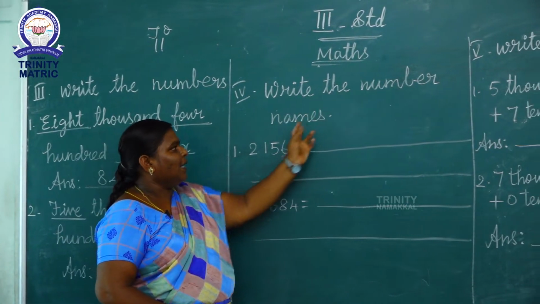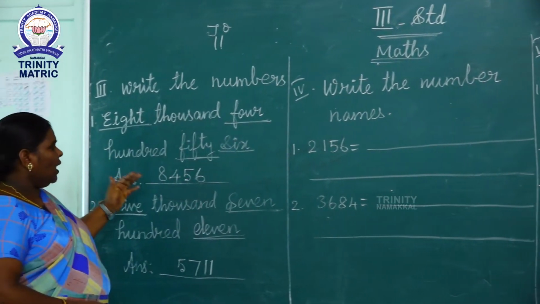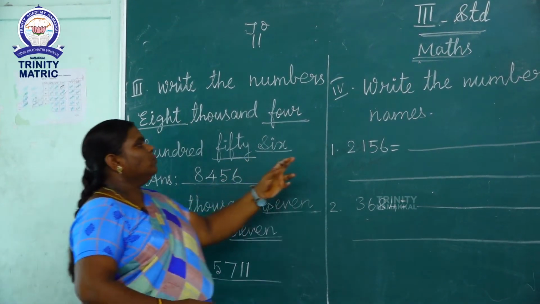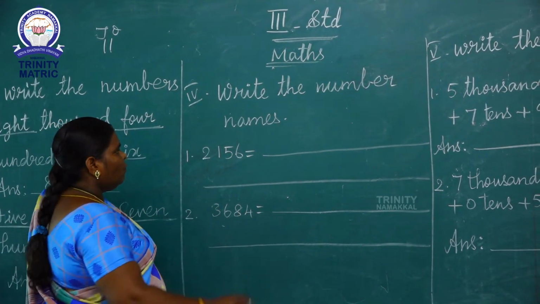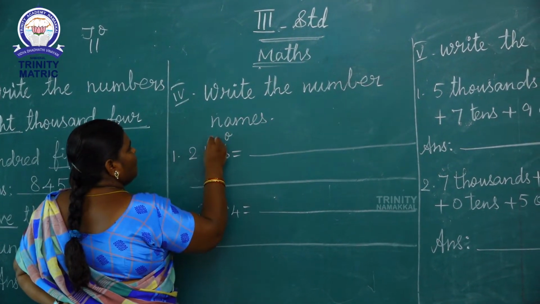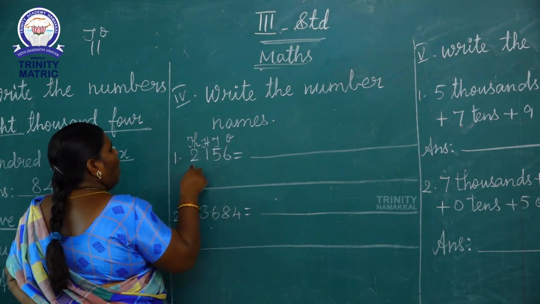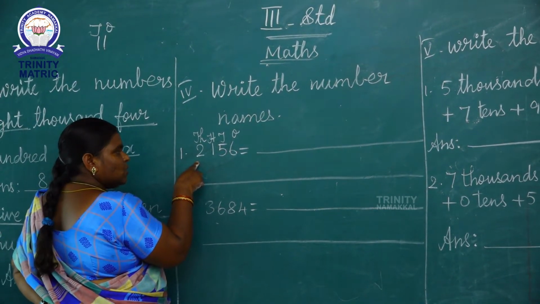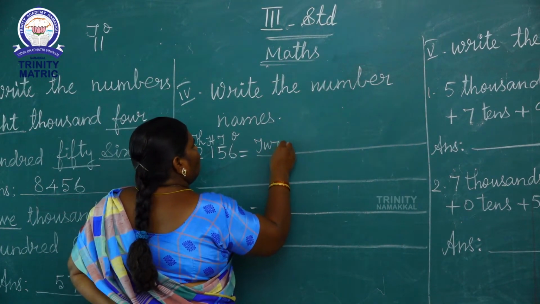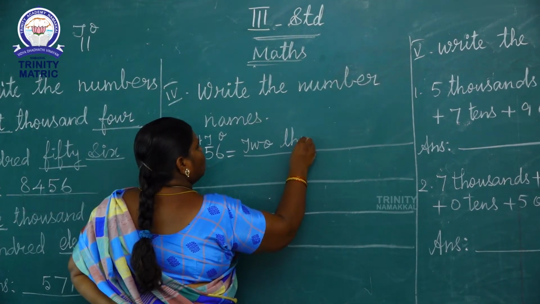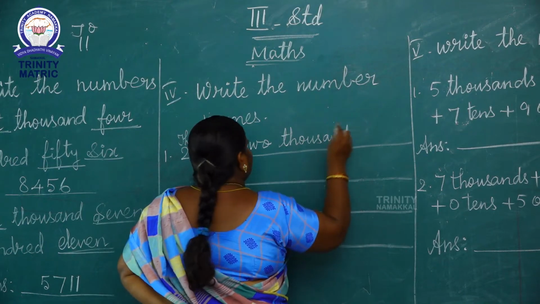Write the number names. In the before sum they gave the number name and you wrote the number. Now they give the number and you write the number name. First you write the place value: ones, tens, hundreds, thousands. How many thousands are here? 2000. So you write two thousand.